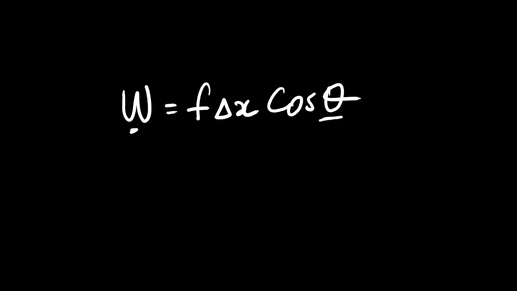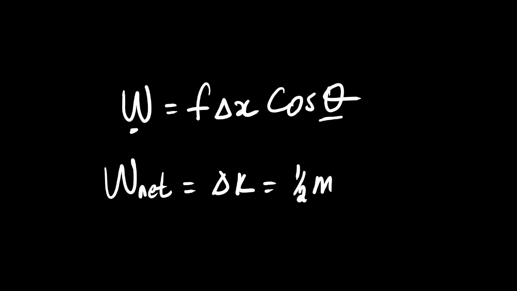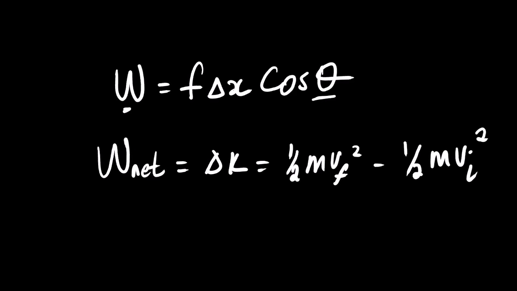Now, the second equation is work net equals change in K, that is equals half m v_f squared minus half m v_i squared. So this is the work-energy theorem.